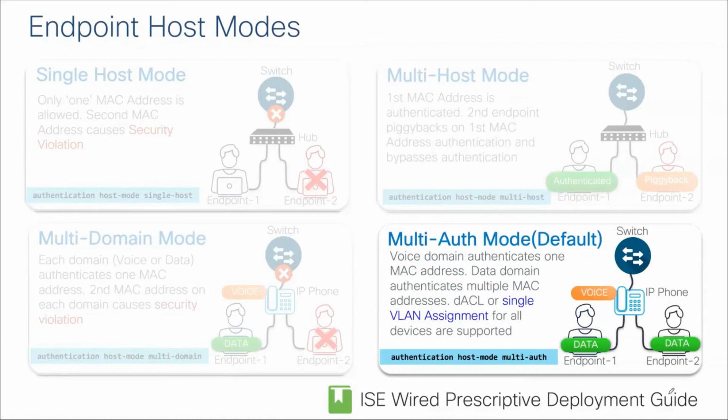And that's really cool because you can even do it on east-west traffic on that port with multi-auth mode, with a switch that does TrustSec if it supports enforcement. That's a really cool thing. So if you want to know more about these host modes, take a look at our ISE Wired Prescriptive Deployment Guide. If you just search for that, you'll find it on our community page, and it talks about how to deploy best practice configurations with 802.1x on switches and ISE.